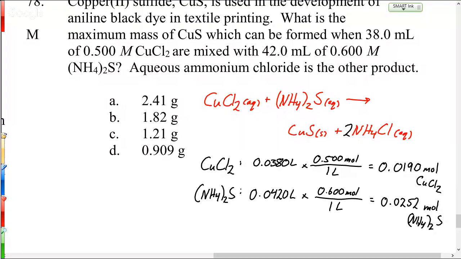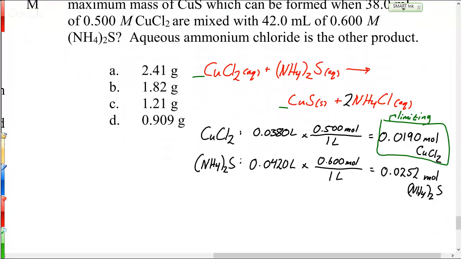So that means this one is limiting. So that's the one we have to use in the rest of the calculation to figure out how much copper sulfide is formed. Again, because of the coefficients here, it's 1-to-1 between copper chloride and copper sulfide. So we can say that we have 0.0190 moles copper chloride, or copper sulfide, sorry.